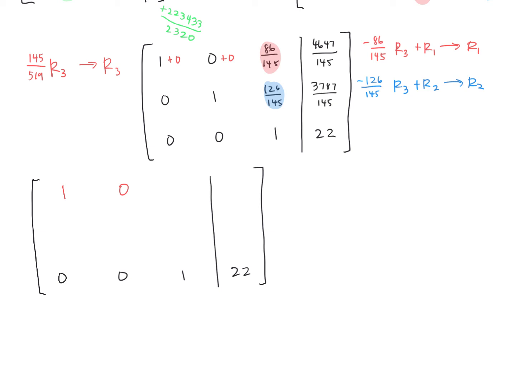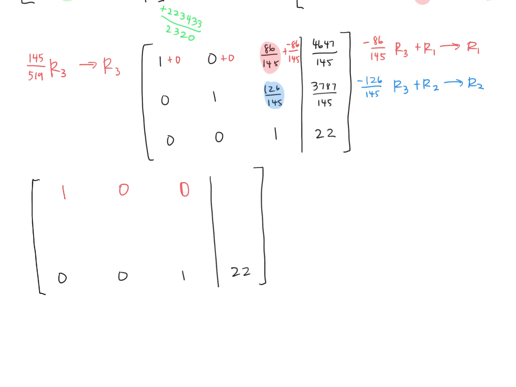86 over 145. So 1 times a negative 86 over 145 is obviously negative 86 over 145. And when you add that to 86 over 145, you get a 0. Those are opposites, you get 0. And then we're going to do 22 times negative 86 over 145.